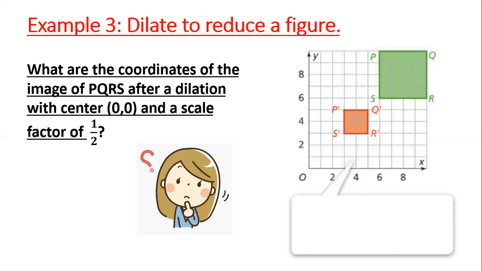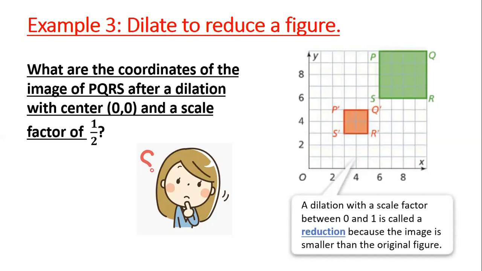Yes. But can the scale factor be negative? No. So when the scale factor is between 0 and 1, I'm going to have a reduced image. The scale factor can't be negative. Clear?